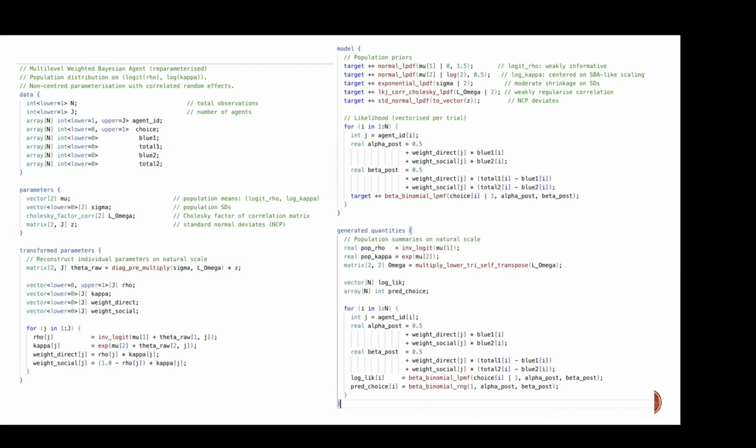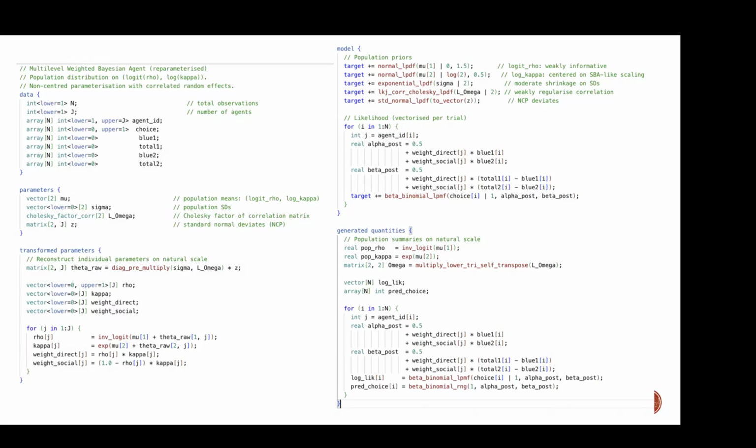And then here we have that the rho for participant J is given by the mean of rho plus the deviation of that participant for rho, then passed through the inverse logit, because rho is a 0 to 1 parameter.